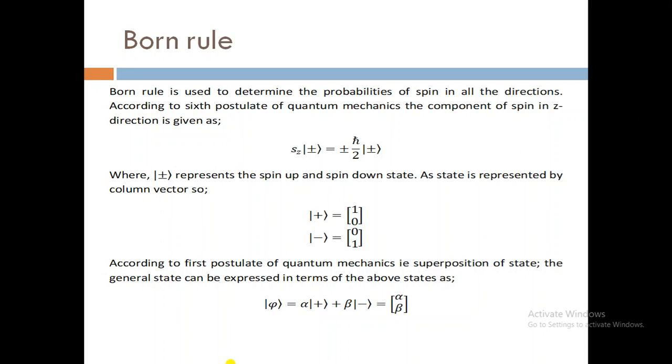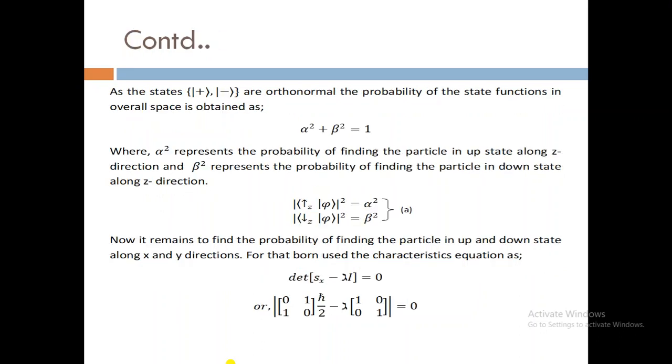So on solving that, we will get alpha square plus beta square equal to 1, where alpha square will represent the probability of finding the particle along the upward z direction.